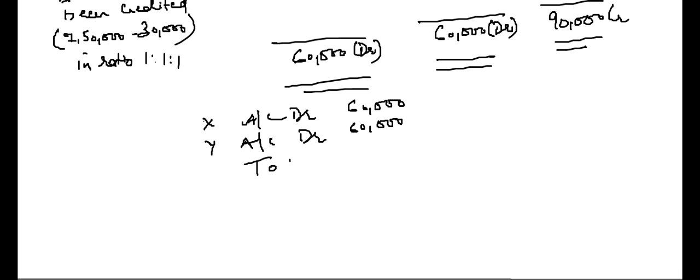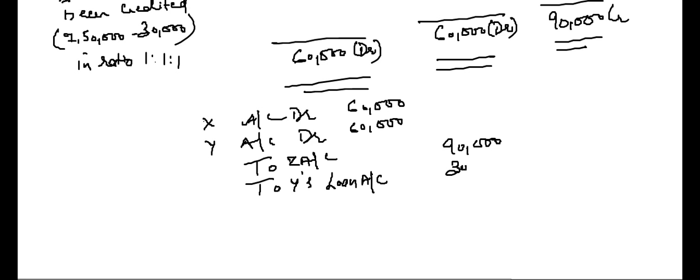So to Z account 90,000, and we will credit the Y's loan account because we have paid interest on loan to Y. So the Y's loan account will be credited with 30,000.